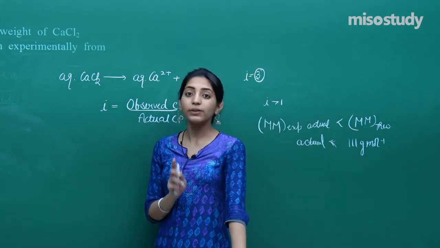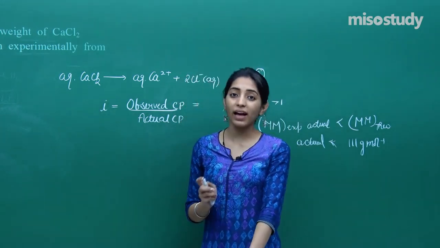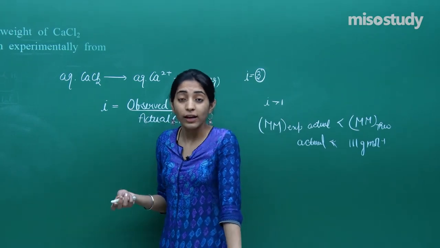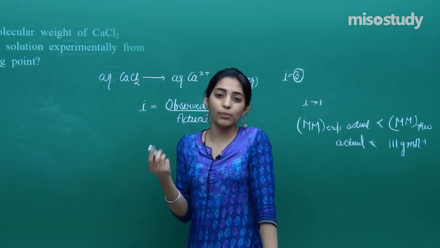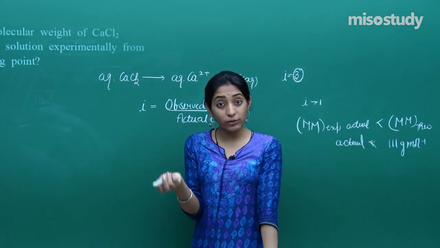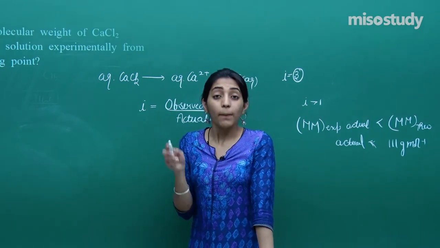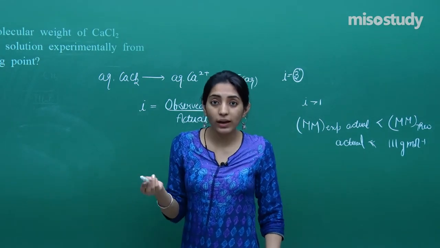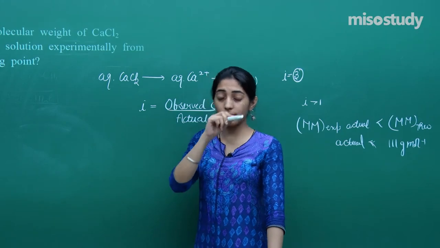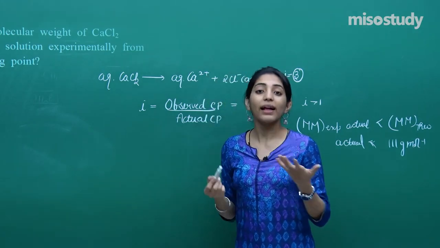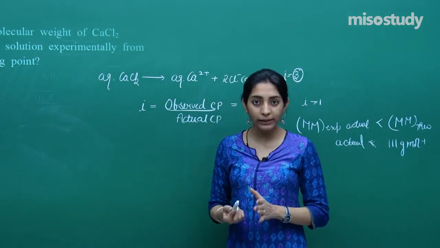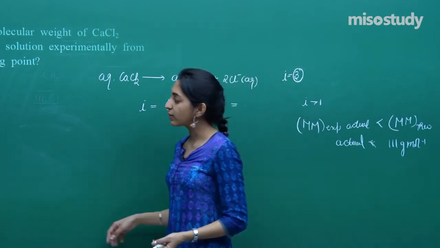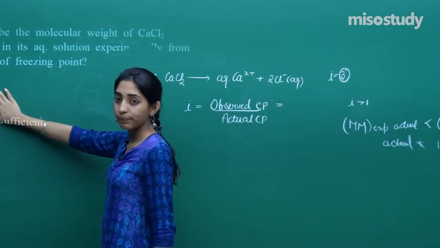We have already done that molar mass and i have an inverse relation. If i is equal to 1, then the experimental molar mass will be the same. But if the value of i is greater than 1, then the molar mass will be lesser than the calculated molar mass. So the answer for this question is B.